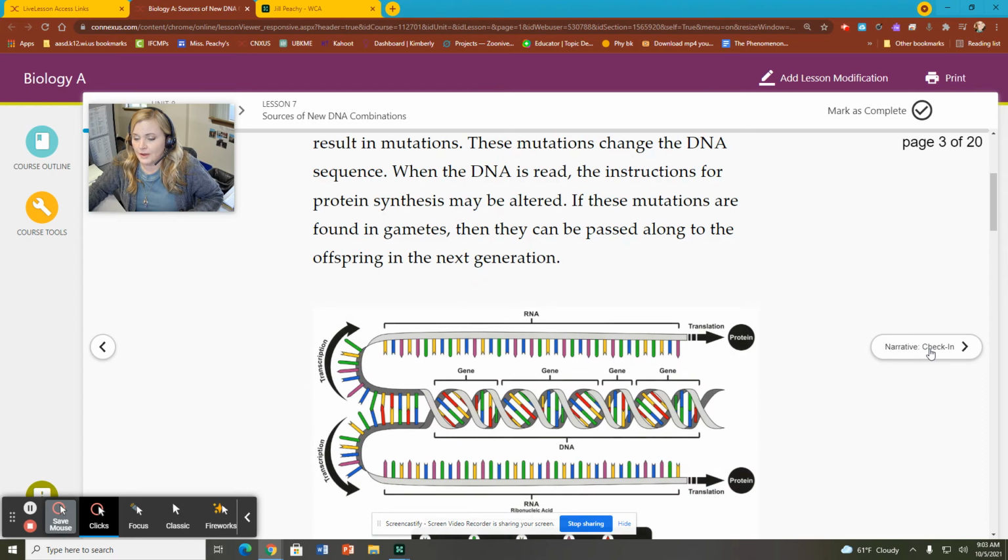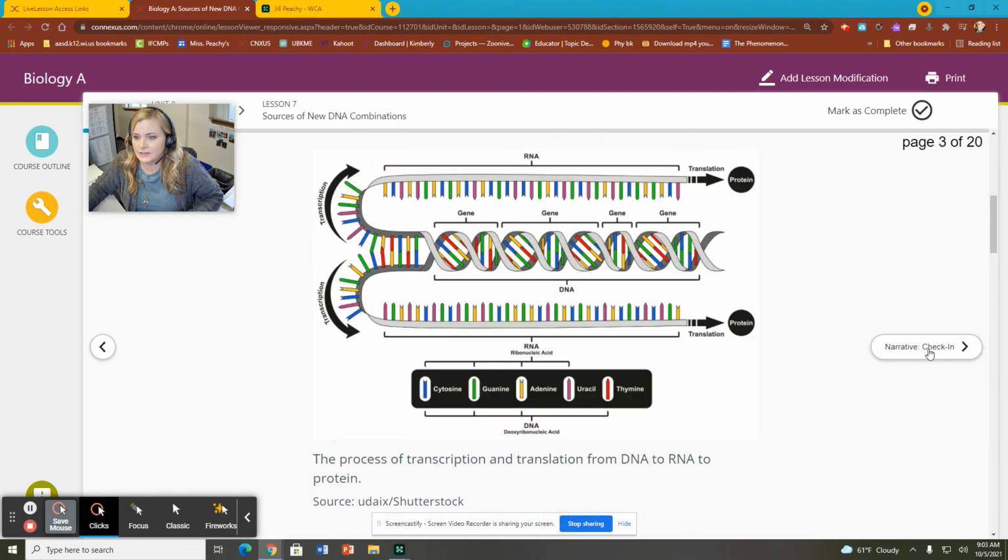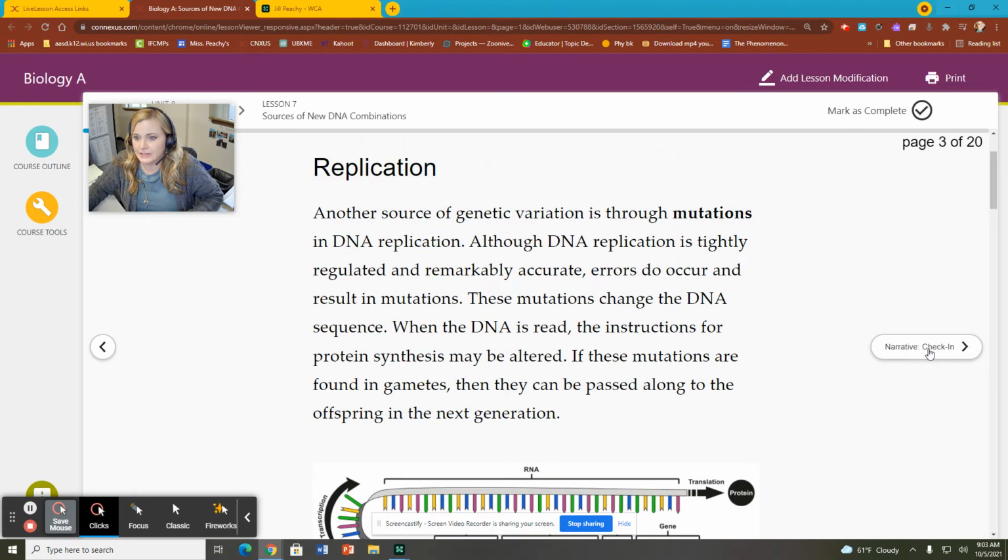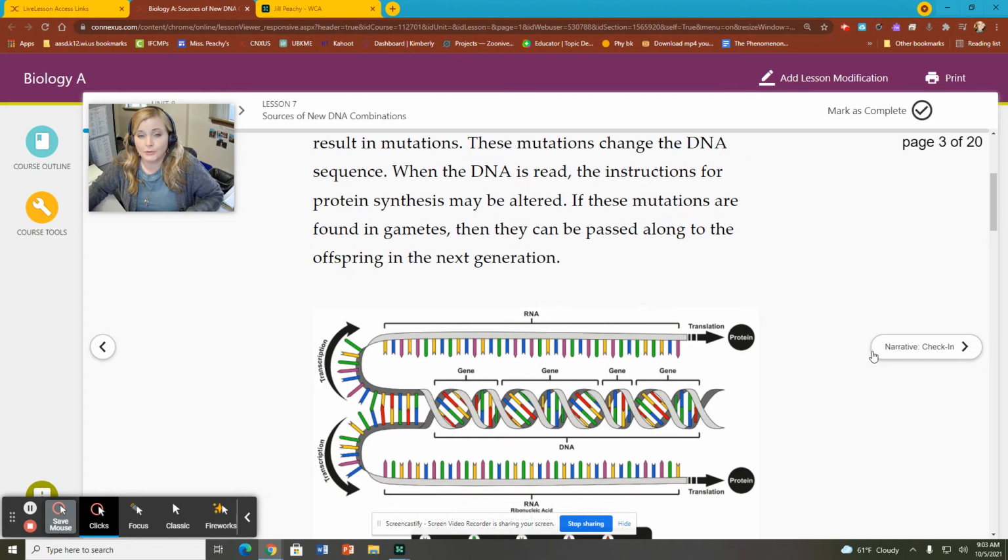All right, it goes on to talk a little bit about DNA replication and how this can be the source of errors. Remember, before any cell division, mitosis or meiosis, replication has to take place. So copies of chromosomes are made first. If there's a mistake in this process and the DNA is not replicated correctly, then those mistakes can get passed on in meiosis to the offspring.